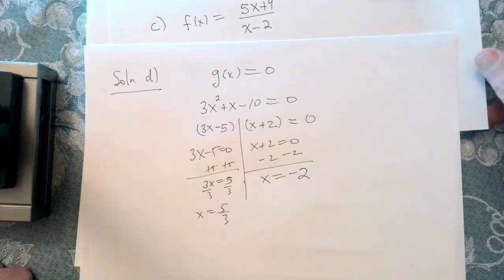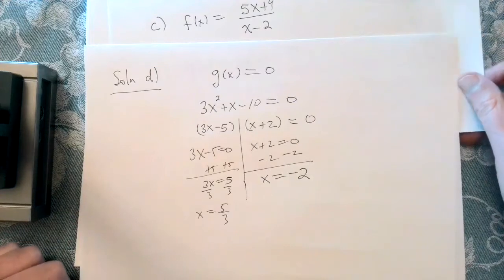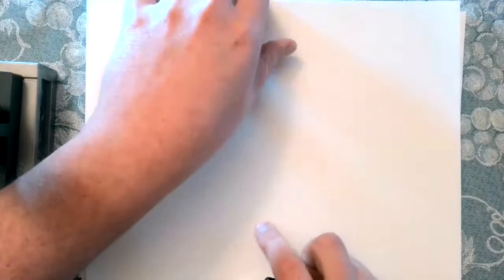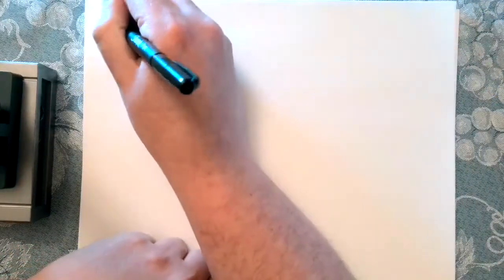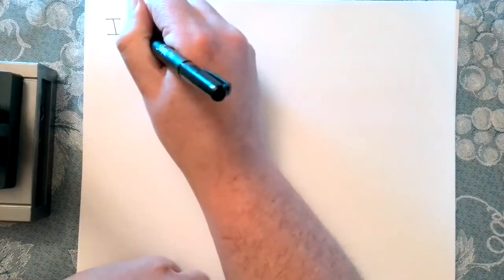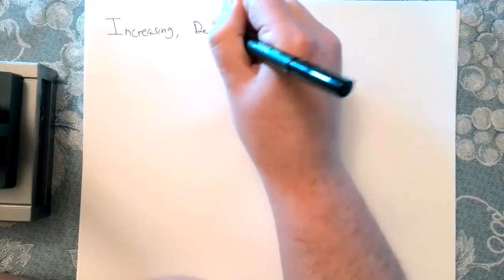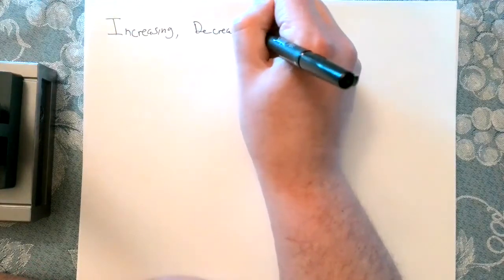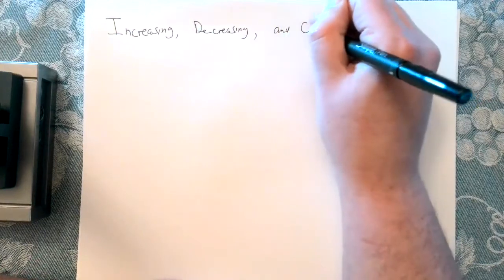Okay, so the next concept we want to talk about is this idea of a function being increasing, decreasing, or constant. So these 3 ideas. So in terms of a picture, what do I mean by increasing? What do I mean by decreasing? What do I mean by a function being constant?